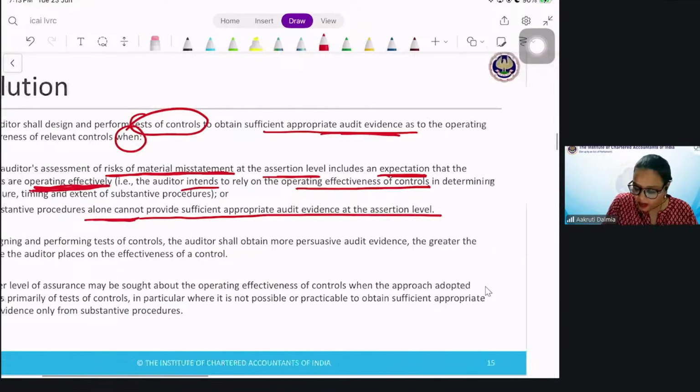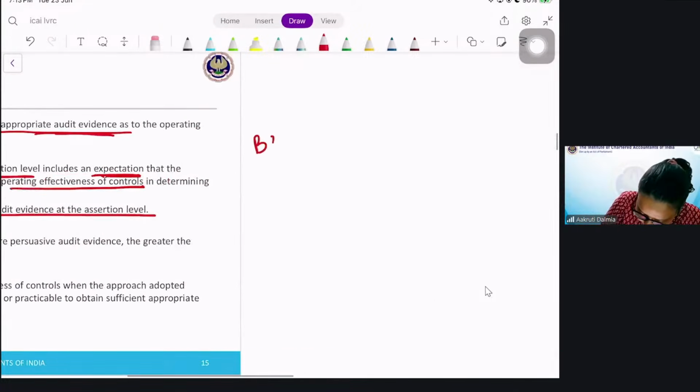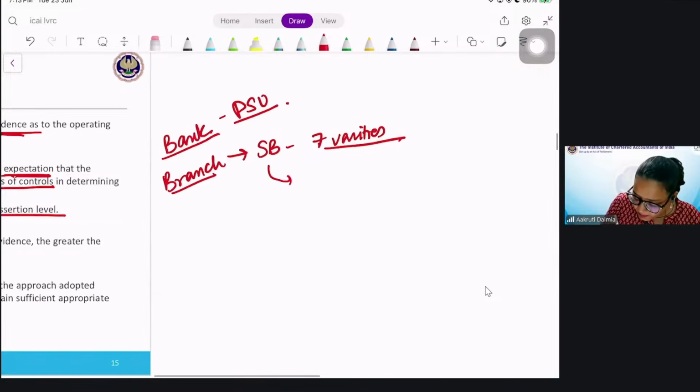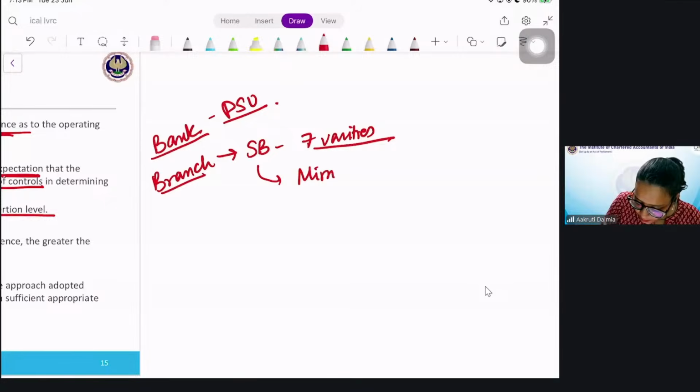So let's say I'm the auditor of a bank. If I'm auditing a branch of a nationalized PSU bank, there are 7 varieties of savings account they have. In that, they have, let's say, a minimum balance charge.